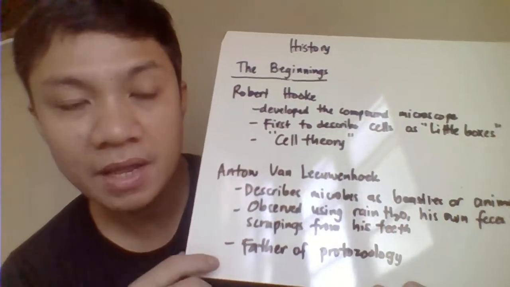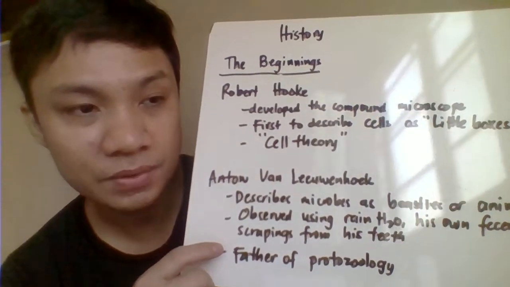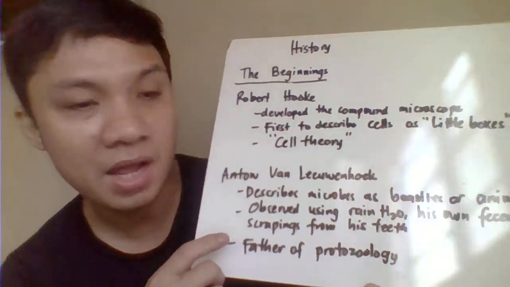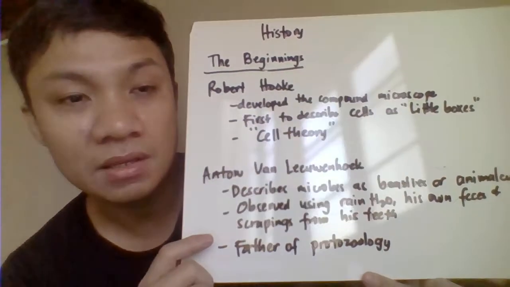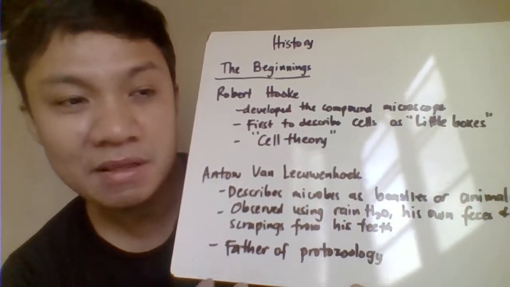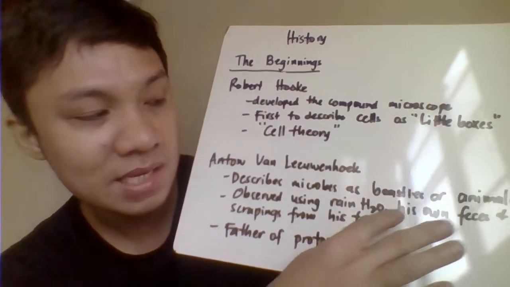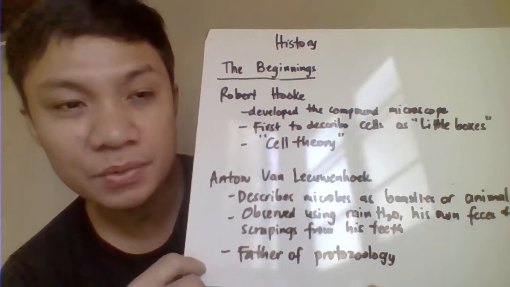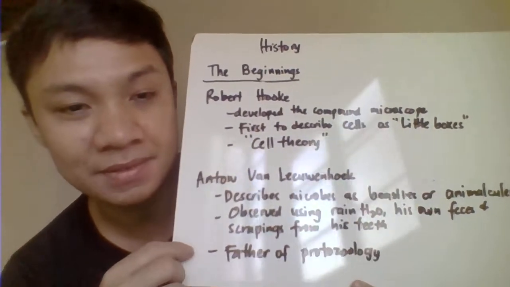The next one we have is Anton van Leeuwenhoek. Anton van Leeuwenhoek described microorganisms under the microscope as beasties or animalcules, animal-like organisms.